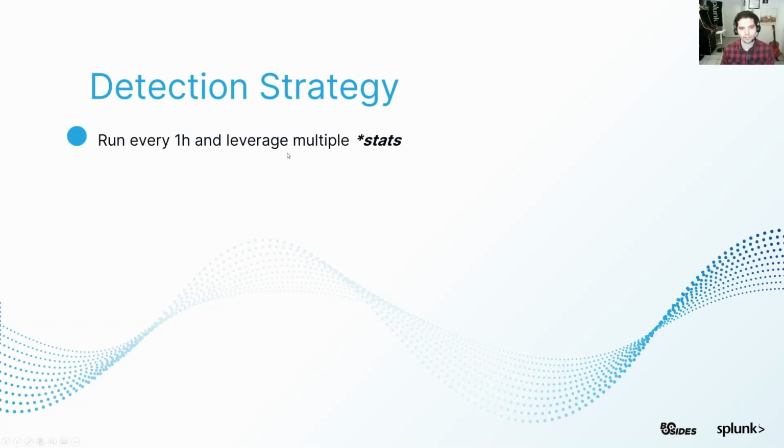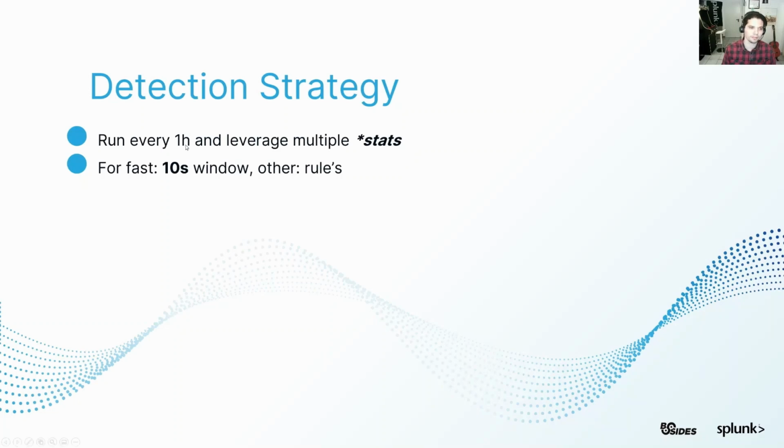And of course, we are going to leverage multiple stats commands to detect these different brute force attack types. For the fast attacks, I'm just picking a 10 seconds window. And for the others, we are going to use the whole time frame that is looked back, so 1 hour.